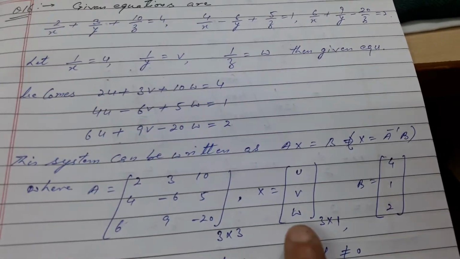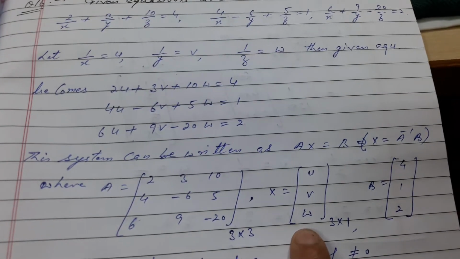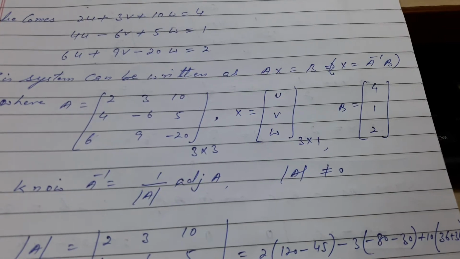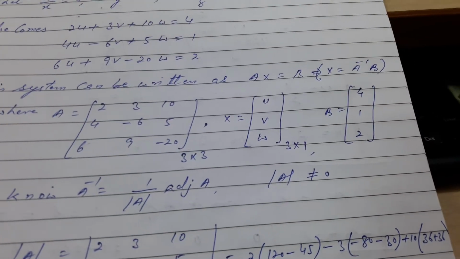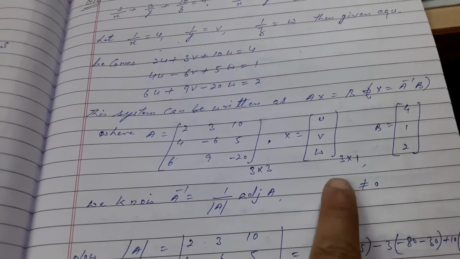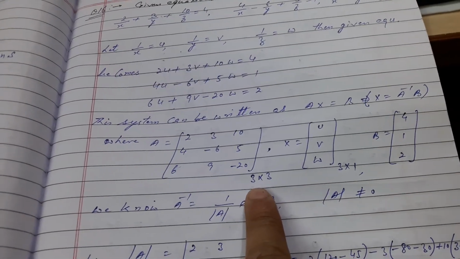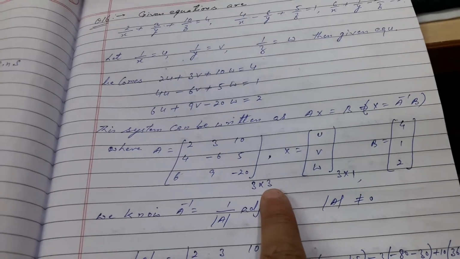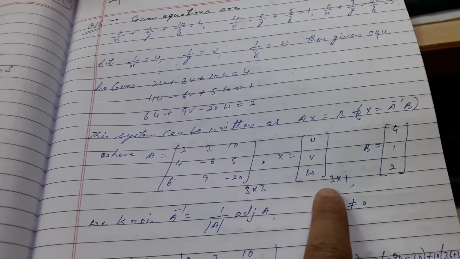But remember, students, the order of this matrix X is 3 by 1, and the order of B matrix is again 3 by 1. You know why this order is 3 by 1 and this is 3 by 3? Because if we want to multiply these two matrices, then the number of columns of the first must equal the number of rows of this one.